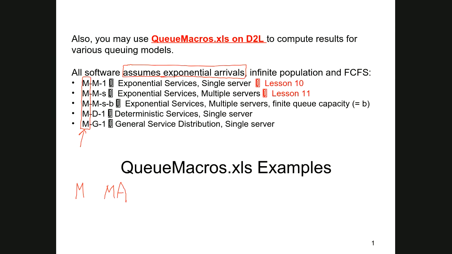Markov was the mathematician who developed a lot of these models and tools, from the strength and the power of the exponential distribution. So M stands for Markov and relates to the fact that the arrivals in this case have an exponential distribution.